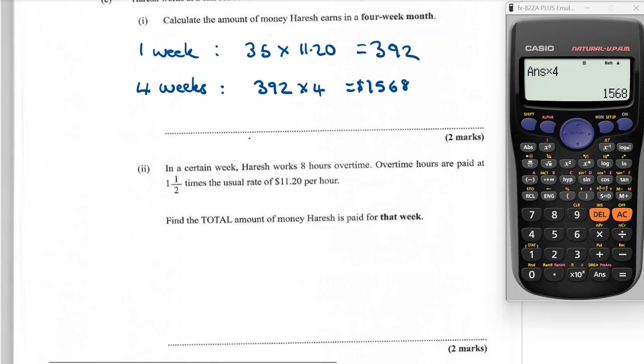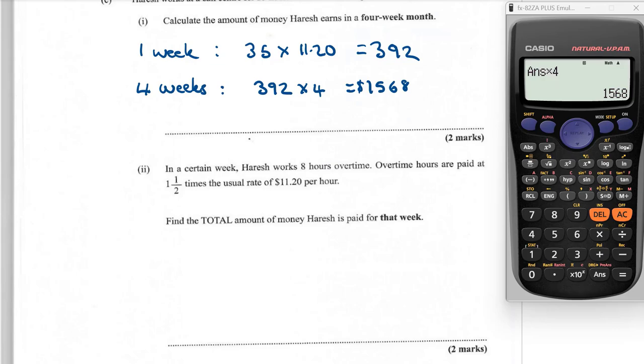So let's look at the next question. In a certain week, Harish works 8 hours overtime. Overtime hours are paid at 1.5 times the usual rate of $11.20 per hour. Find the total amount of money Harish is paid for that week.